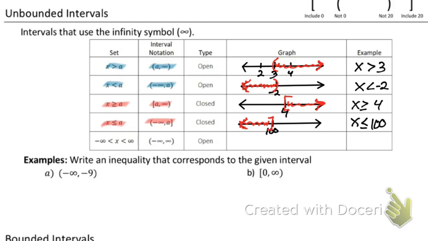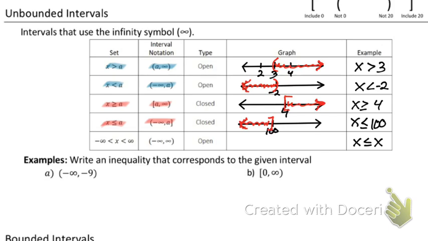We're looking for a solution set that's negative infinity to infinity. Now, using linear inequalities, I'm just going to say x is less than or equal to x. That is just a true statement.